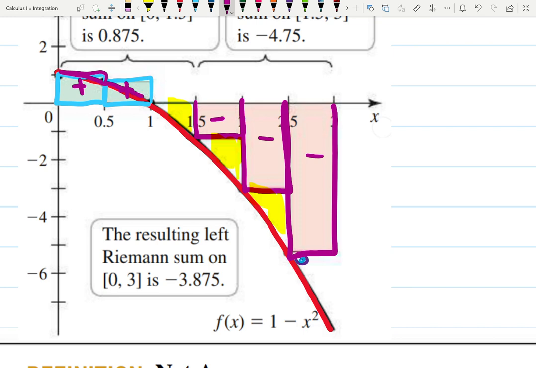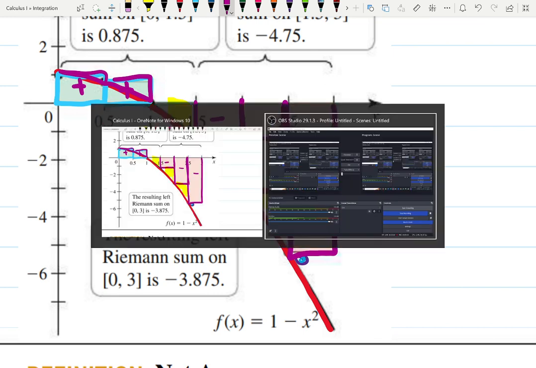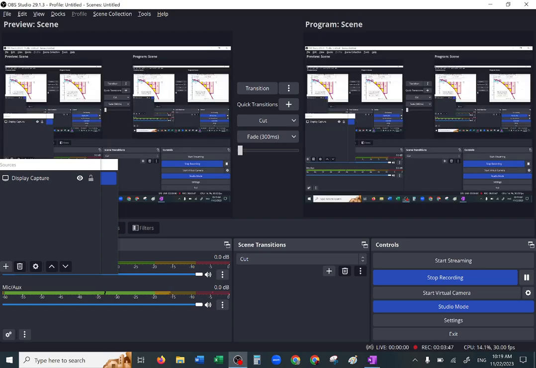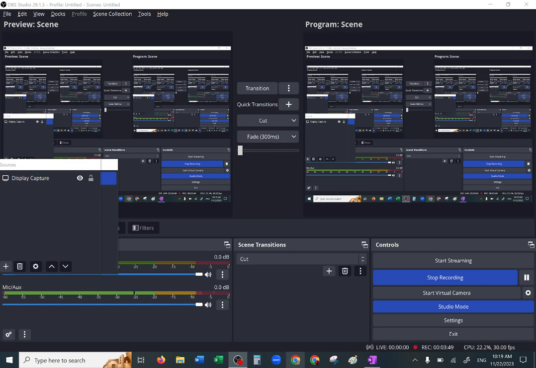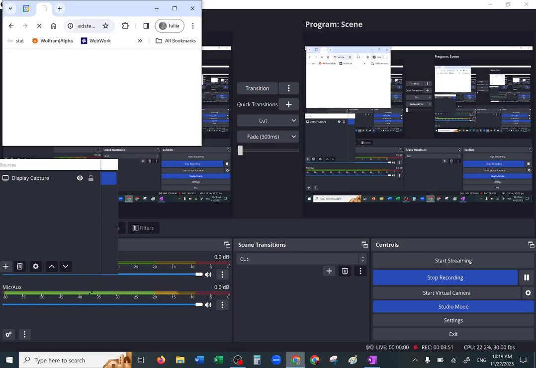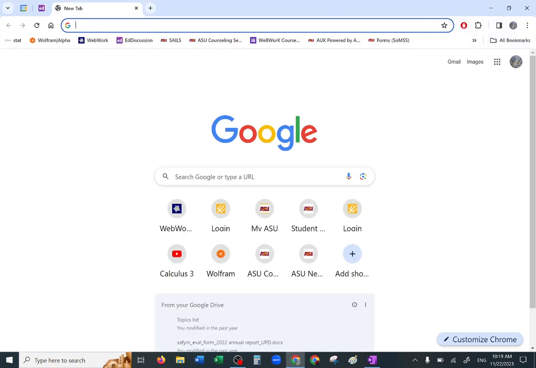That's overestimation for you. We don't like that either. So I would like to have a perfect, nice estimation. This is when you have many rectangles filling up all the space. So let me show you.